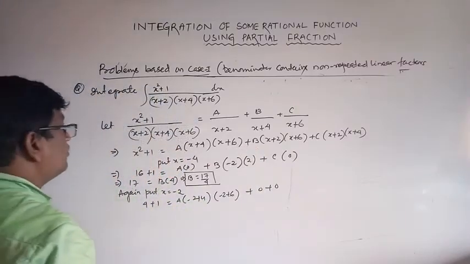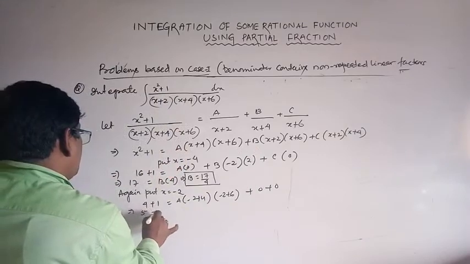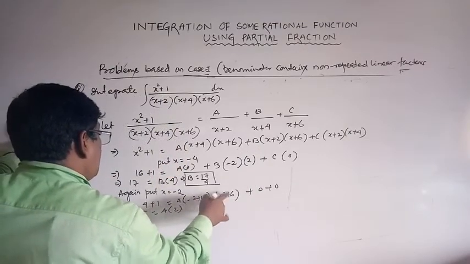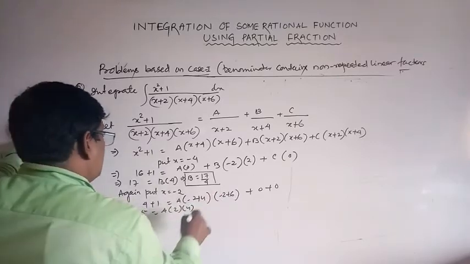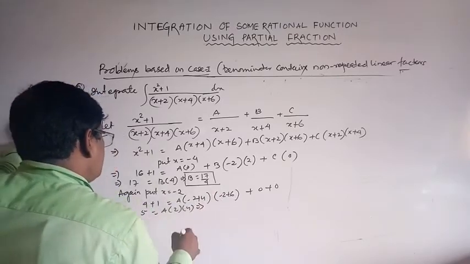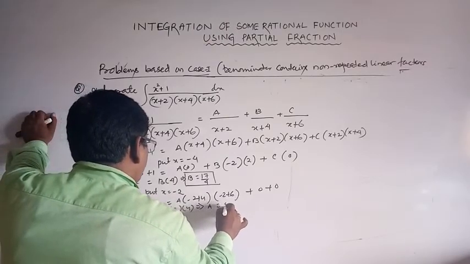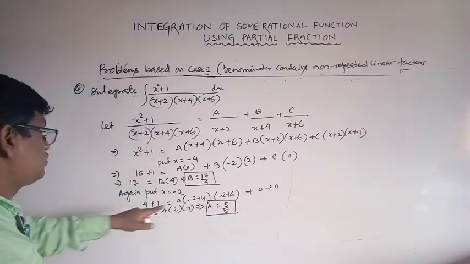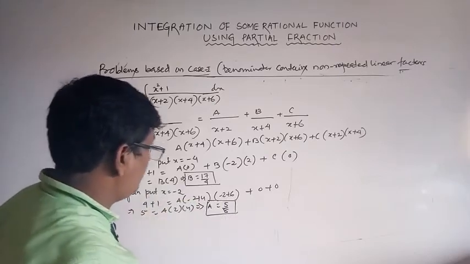So 5 is equal to A into 2 into 4. So what is A? 8A equal to 5. A equal to 5 by 8.